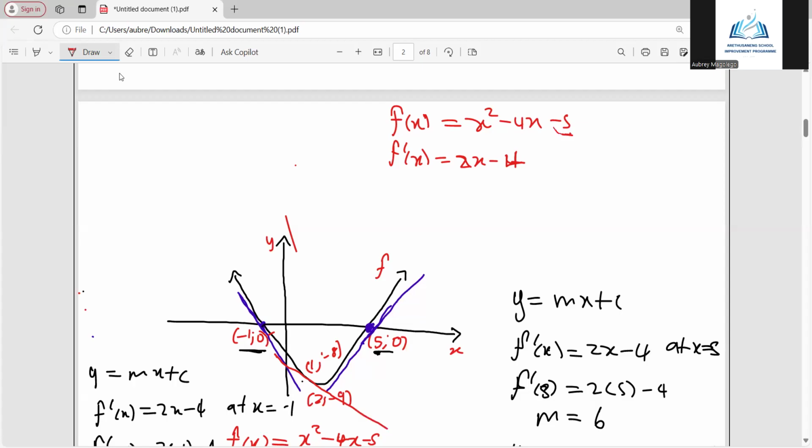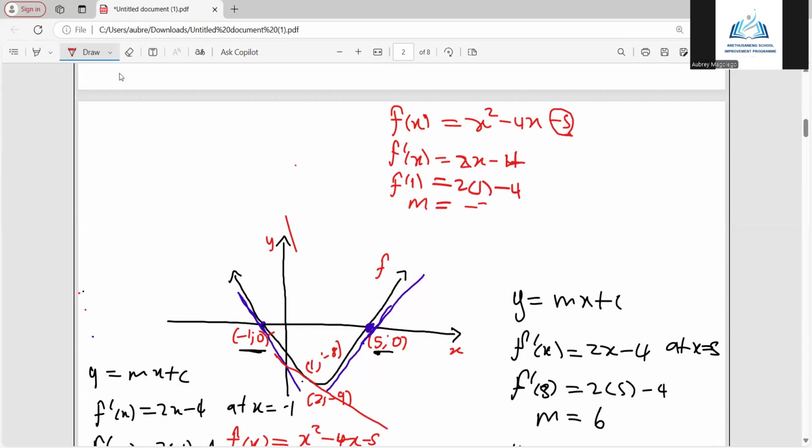So now f prime of positive 1, because the x value at that point is positive 1, is equivalent to 2 times 1 minus 4. So what do we get when we press our calculator? We get m is equivalent to negative 2. So it means the gradient at that point is negative 2.